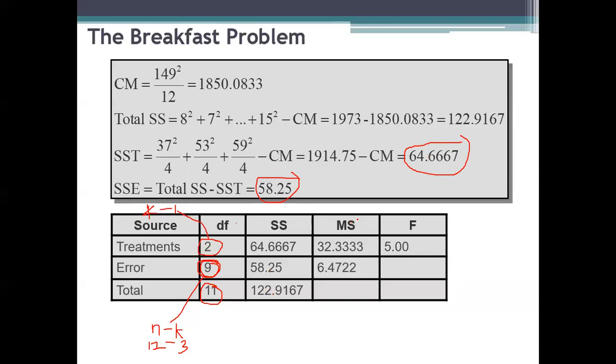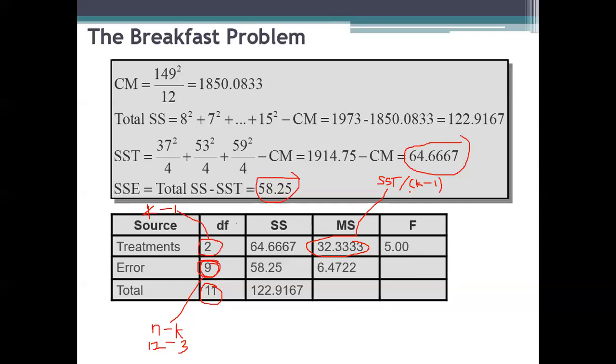And then for mean square, MS, if you refer also to the general table, the simple calculation shows that when we want to get the MST, it is the value of SST divided by K minus 1.